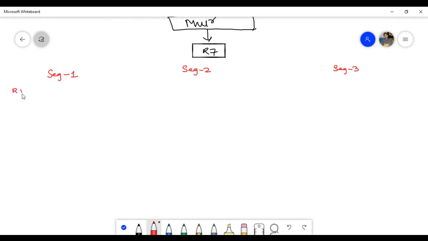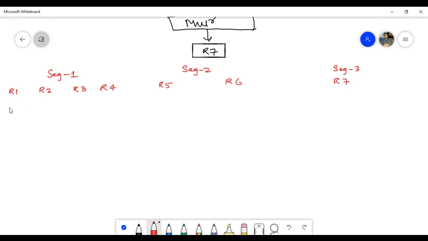So you have R1, R2, R3 and R4 in segment 1, R5 and R6 in segment 2, and in segment 3 only R7.